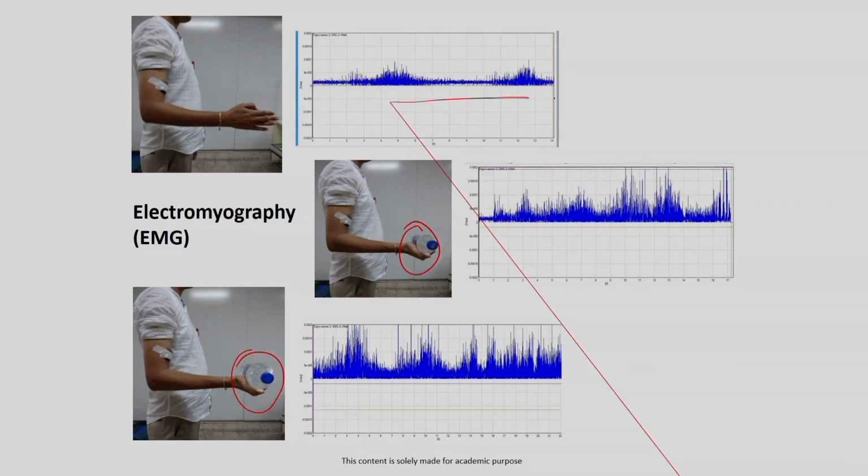Your muscle activity will obviously be different, and when you are doing nothing, there will be a reference muscle activity. So what we are seeing here is the reference muscle activity. Once you are holding a medium thing, maybe a 500 ml water bottle, your muscle activity has increased like this. Once you are given something heavier, then your muscle activity changes. So this is one very important evaluation method, that is called EMG.